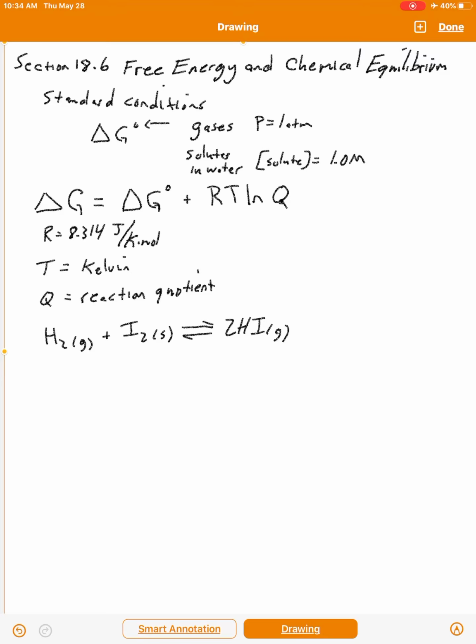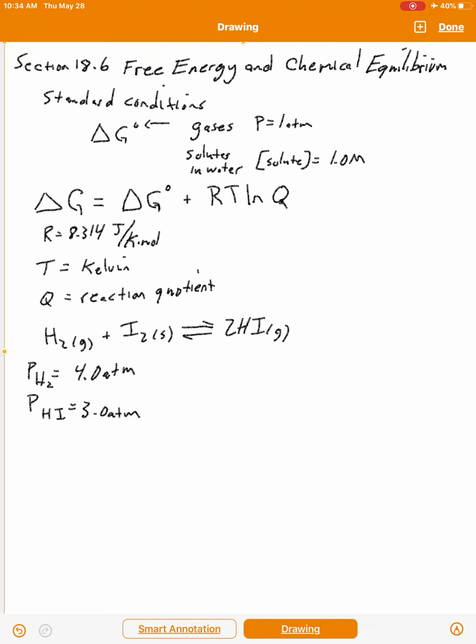Let's write out the reaction quotient. I'll give you a couple of numbers: the pressure of H2 is 4 atmospheres, and the pressure of HI is 3 atmospheres.